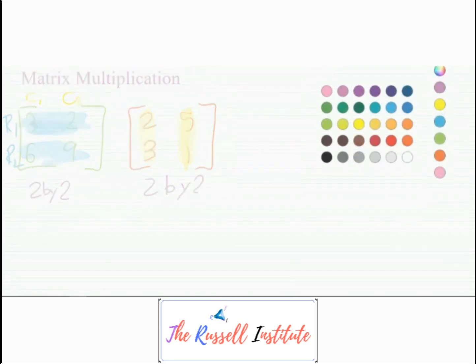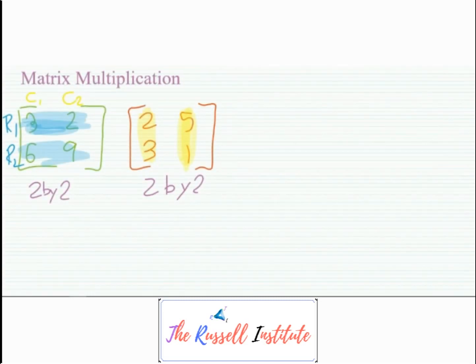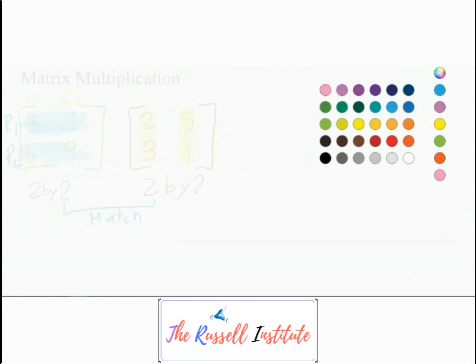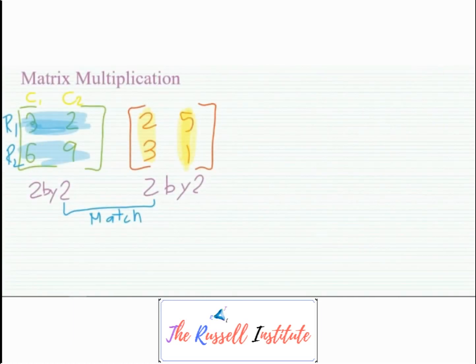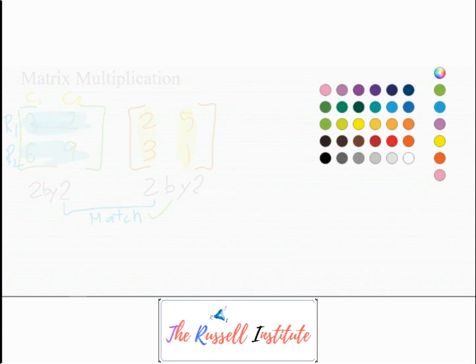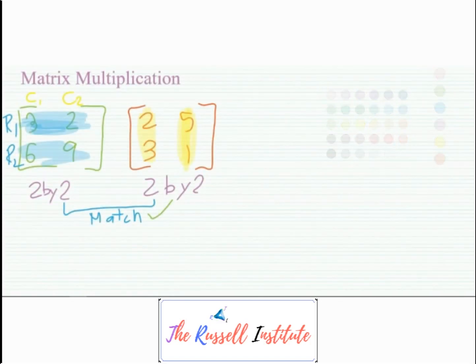Now, we know that the multiplication is possible if these 2 inner numbers match. If there's a match here, then we have the green light to multiply. We can go ahead and multiply because the inner numbers match. And then the outer numbers tell us what the resulting matrix will be.